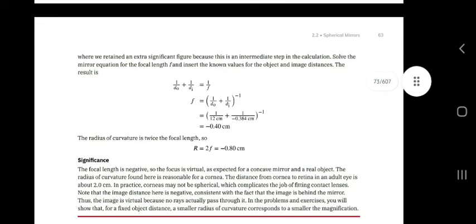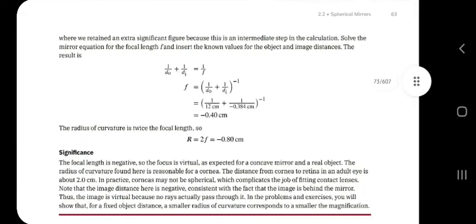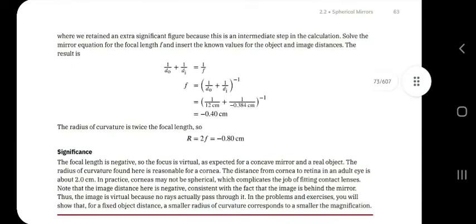So focal length, same adtong kanang same sa problem set number 1 kanina nga gi-kuan siya para makita ang focal length. So focal length is equals to 1 over object distance plus 1 over image distance, raised to the negative 1 power. So dayon i-substitute na ang object distance, in which ang atong object distance dire is 12 cm.